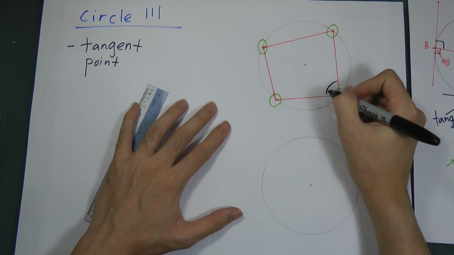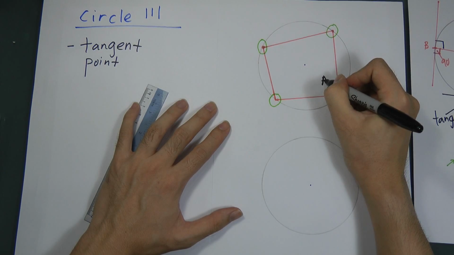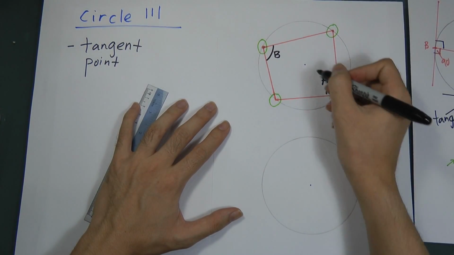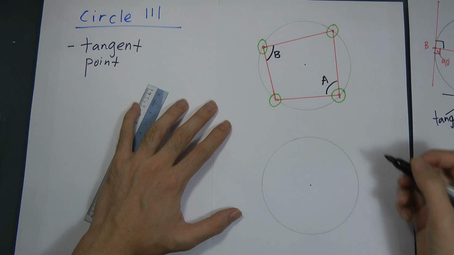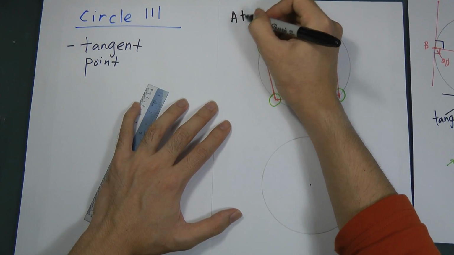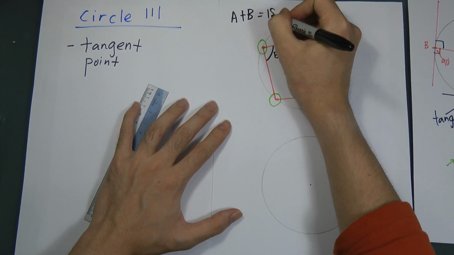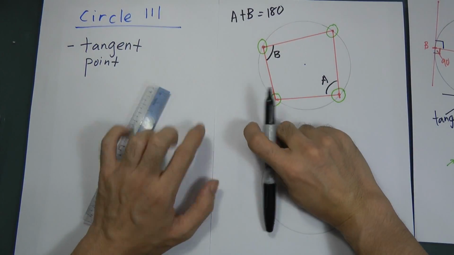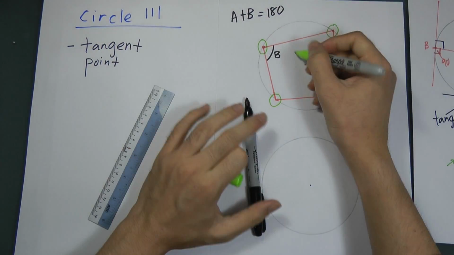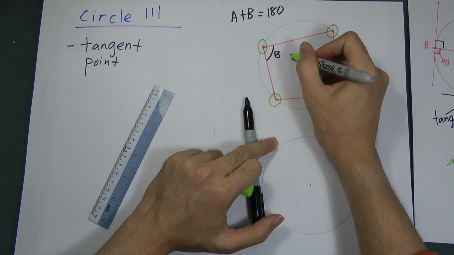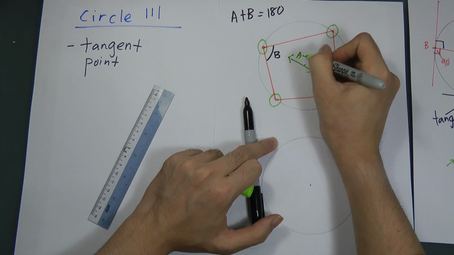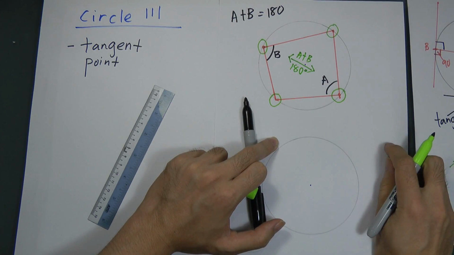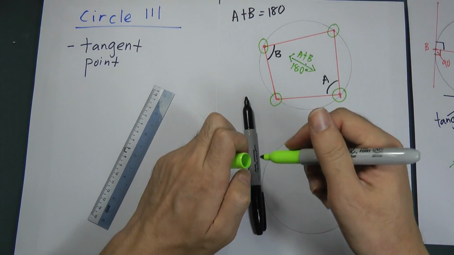This angle I call angle A. This angle I call angle B. A plus B will equal 180. It means the opposite angles, when you add them together, you will get 180. Same for the other side.